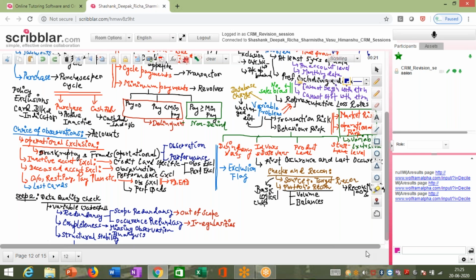Now within assessing the structural stability, there are two types of variables that we need to assess. One is the continuous variables, and the second are the categorical variables.